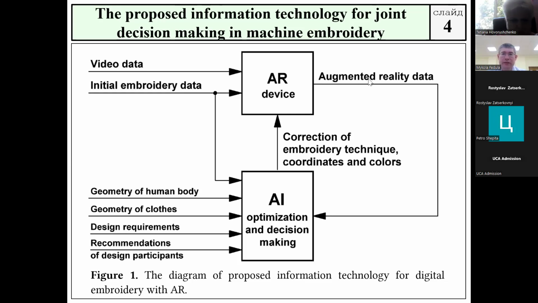The augmented reality data is fed back into the AI system, accounting for the geometry of human body, geometry of clothes, the design requirements, recommendations of design participants, and other technical data. Thus, the AI system forms the correction of embroidery technique coordinates and colors signal and puts it into the AR device for correction of the image.